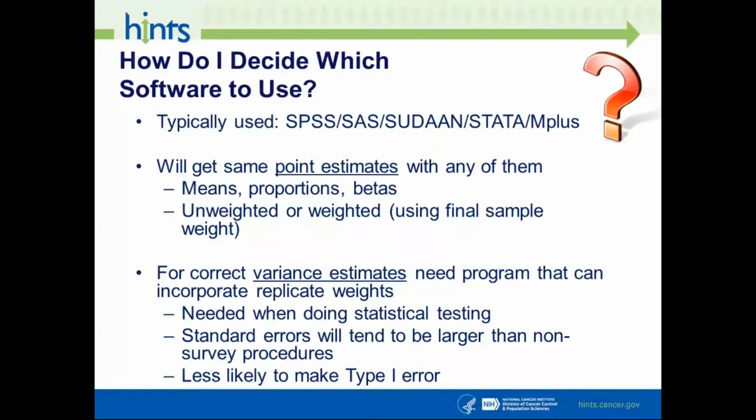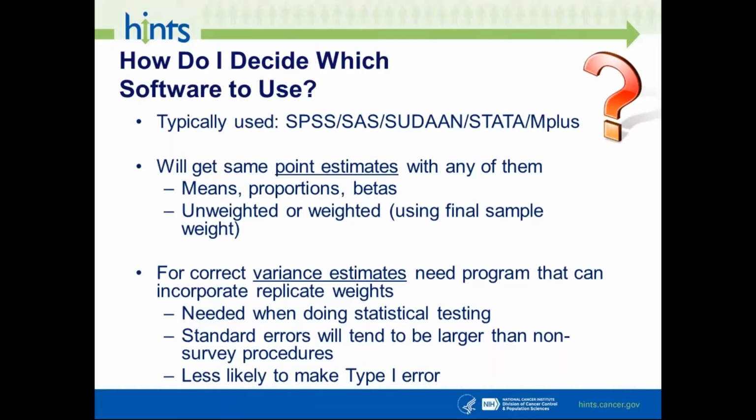With any of these packages, you'll get the same point estimates, means, proportions, even your betas in your modeling. Unweighted or weighted, if you applied the final sample weights, you'll get the same point estimates regardless of which statistical package you're using.